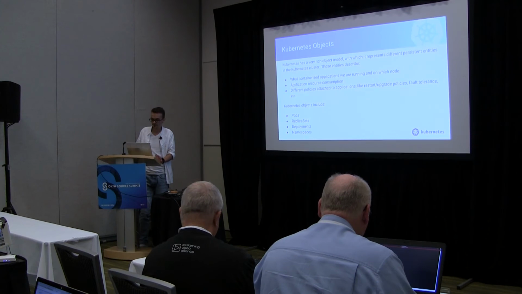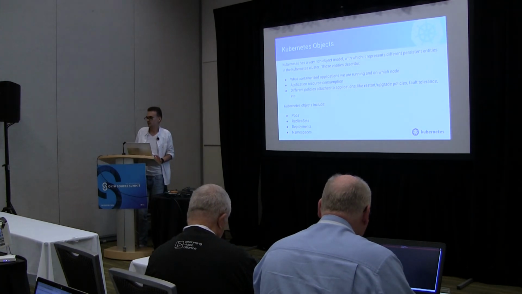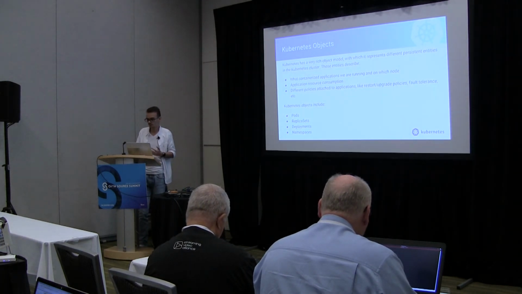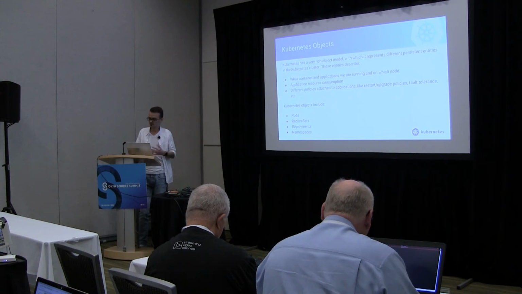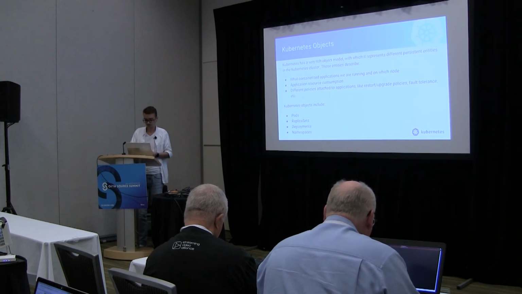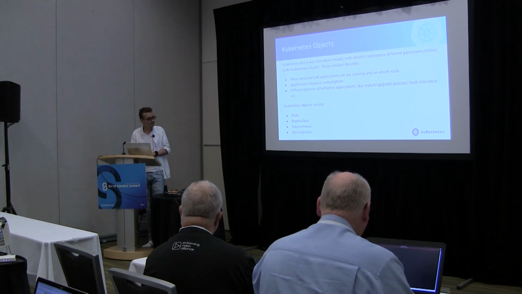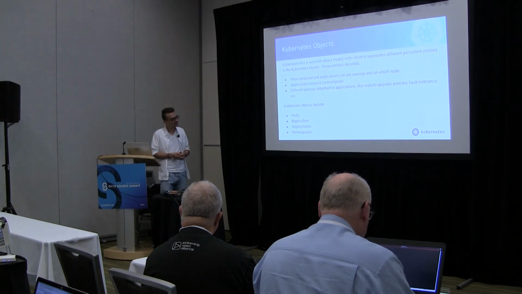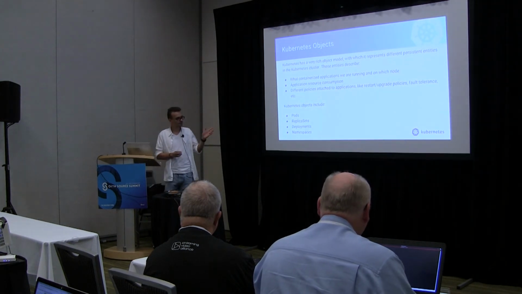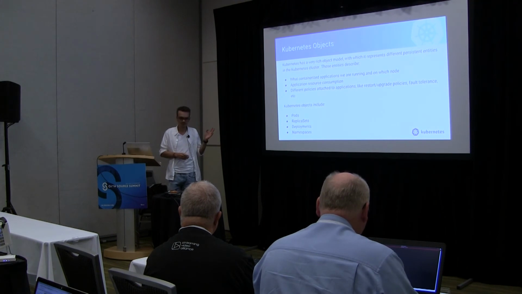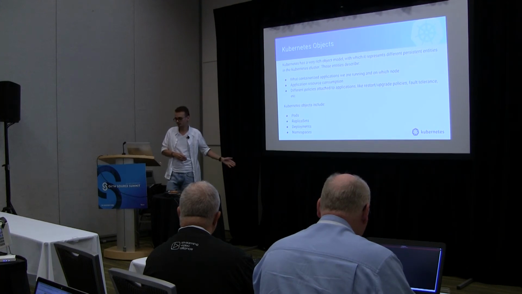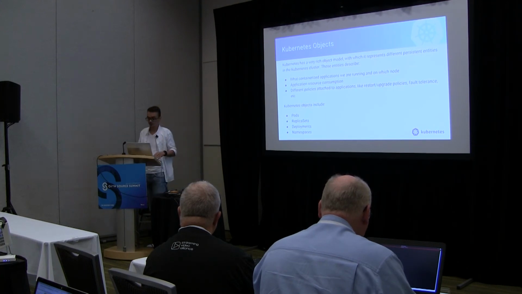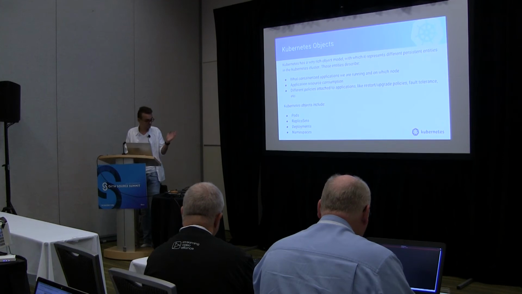We can define the application resource consumption, and also different policies for data attached to applications and so on. The most well-known and popular objects include pods, replica sets, deployments, namespaces. It's just a brief list, but the real number is much bigger. Here we'll just take a look at some of them that are most actively and widely used.